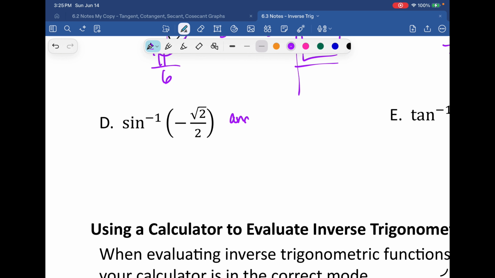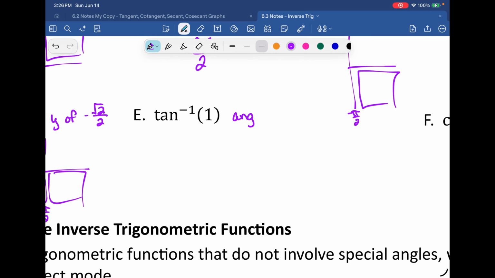Tangent, I did tell you to memorize these tangent values. Okay, tangent of 1. Okay, so which angle produces a tangent ratio? So produces a y over x. Let me try that again. Which angle has y over x is 1?